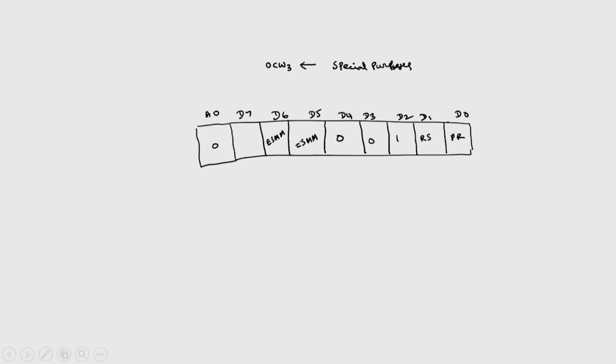This is simply SMM. This is 0. So these two bits will be 0, 0, 0, 1, 1, 0, 1, 1. So for 0, 0 and 0, 1 there is no action.